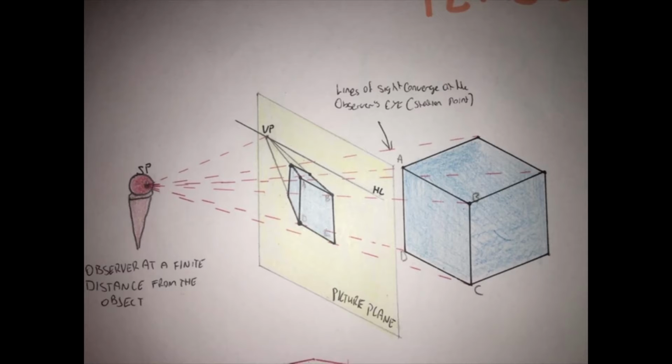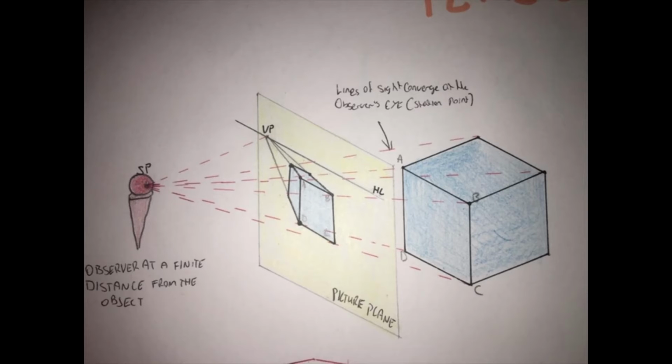You can see here the lines of sight converge at the observer's eye, the station point. So here we see the spectator is at a finite distance from the object looking into the cube, and he sees a different view from where you're standing, because the position of the spectator dictates the size and the view of the object.